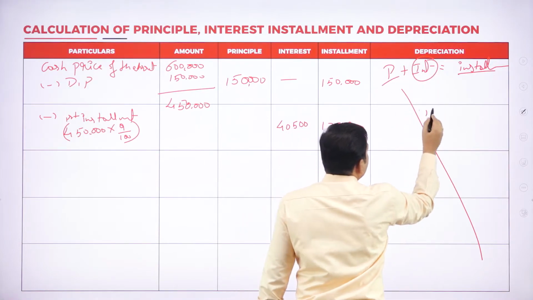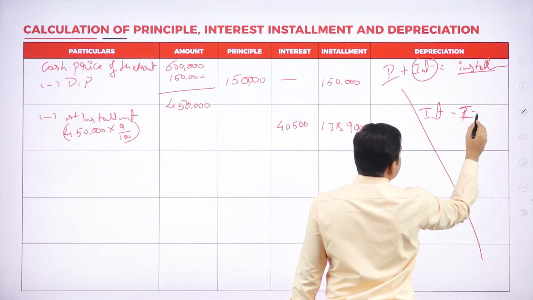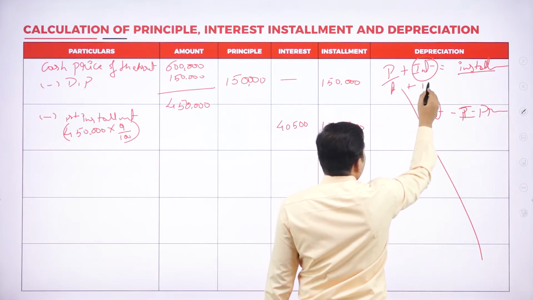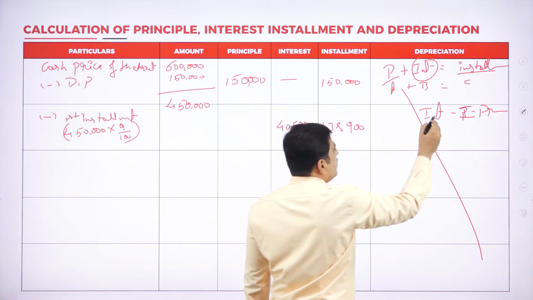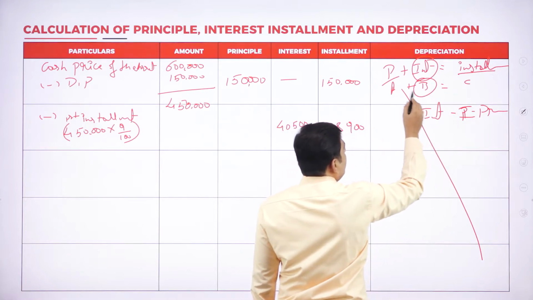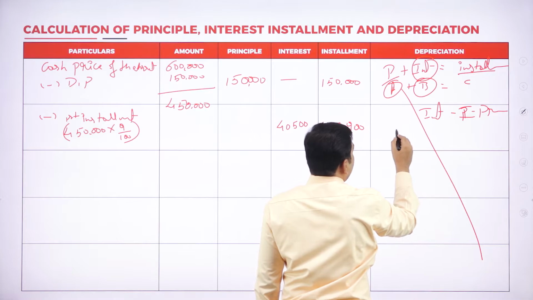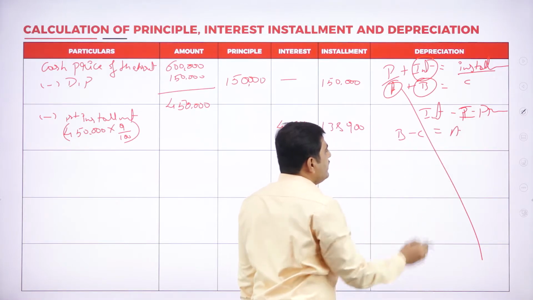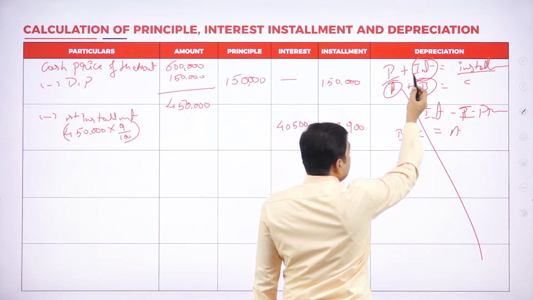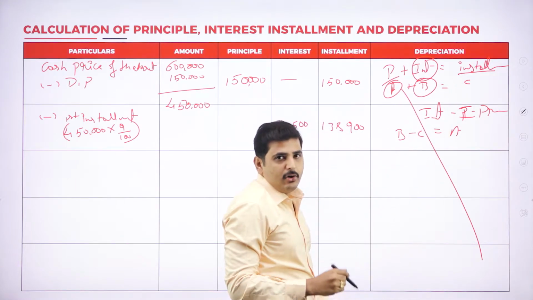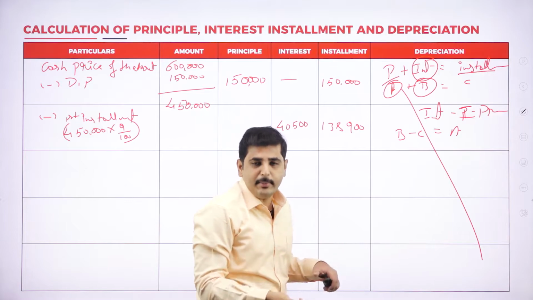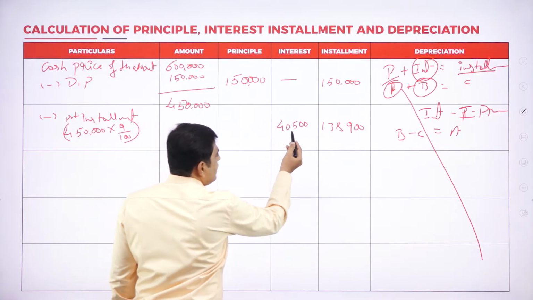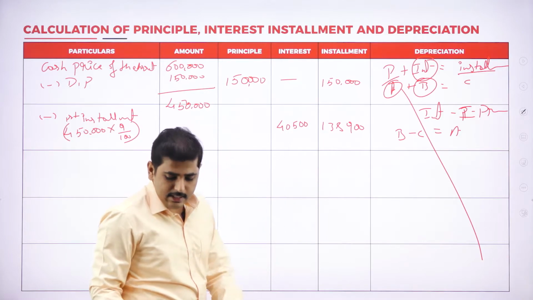Installment minus interest equals principal. Like A plus B equals C; if we don't know A, we calculate C minus B equals A. So, let's deduct this interest from the installment. We will get the principal amount.